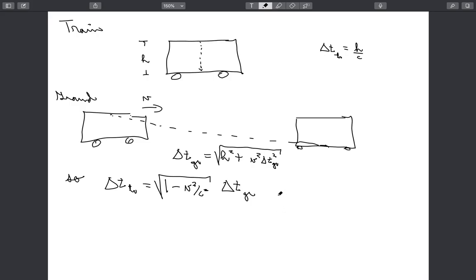Okay, so we can rewrite this equation in a more classic form. So delta t on the train is 1 over gamma times delta t on the ground, where this gamma, by definition, is 1 over the square root of 1 minus v squared over c squared, and is known as the time dilation factor.